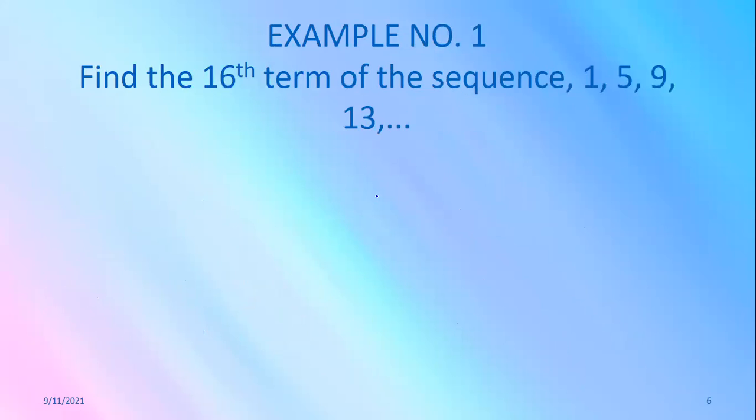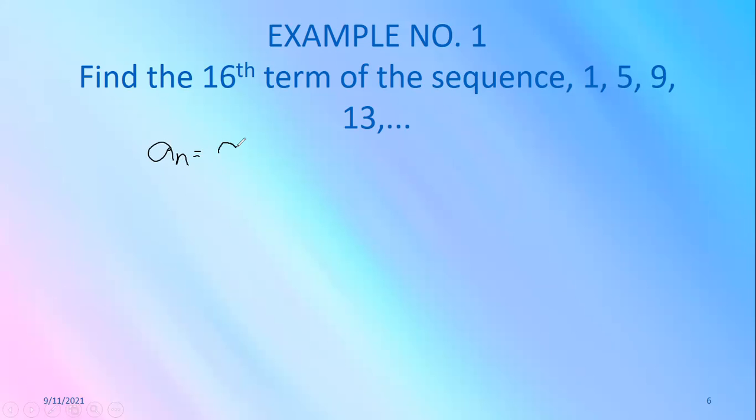Okay, so for our next example, you're asked to find the 16th term of the sequence 1, 5, 9, 13, and so on and so forth. So you're asked to find the nth term. Again, what's the formula?